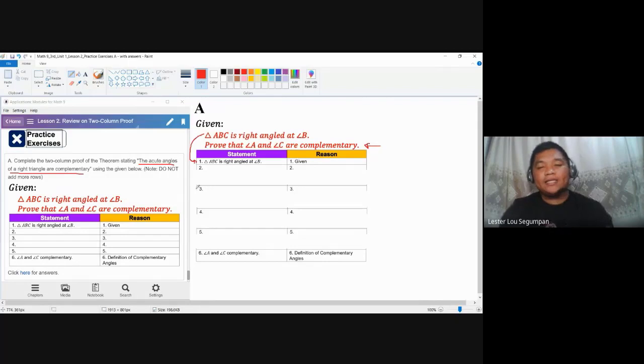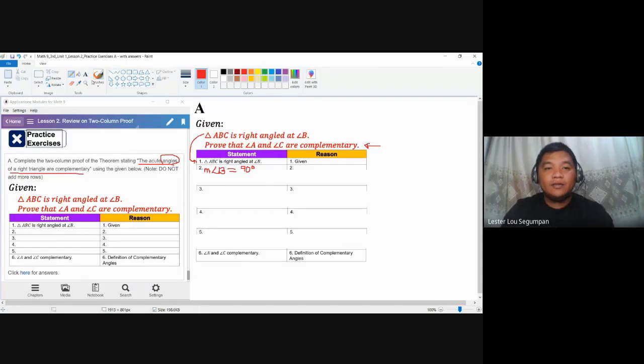So to complete this proof, the next statement here must be connected to the given. Our given is triangle ABC is right angled at B. And since we are talking about angles, based on the given, let's look at the given angle, which is angle B. So if angle B is a right angle, its measurement is equal to 90 degrees.